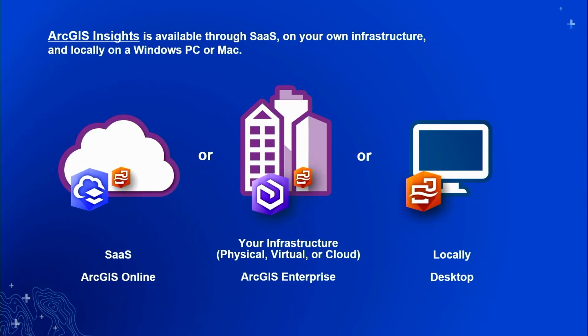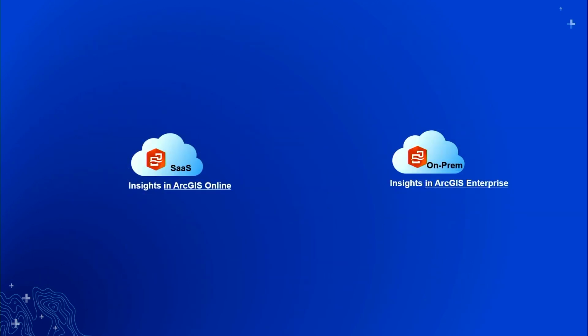ArcGIS Insights is available in ArcGIS Online, in a web browser, in ArcGIS Enterprise, also as a web client app, and now locally on Windows or Mac. Yeah, it can be installed natively on your laptop or machine. Now this desktop deployment option is relatively newer, and let's talk about that just a little bit.